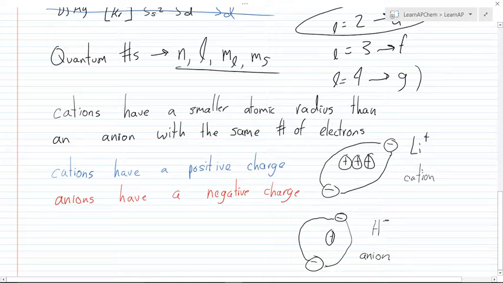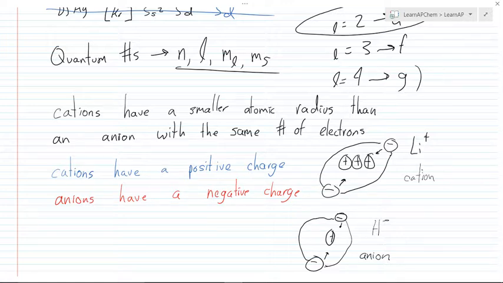So if you think about it, here in our cation, these electrons are being pulled in by a stronger force than here. And so these electrons are going to be closer and closer to our nucleus. However, in an anion, these aren't going to be pulled in nearly as close because we have fewer protons, and thus they're going to spread out larger. And so that's why a cation is smaller than an anion.